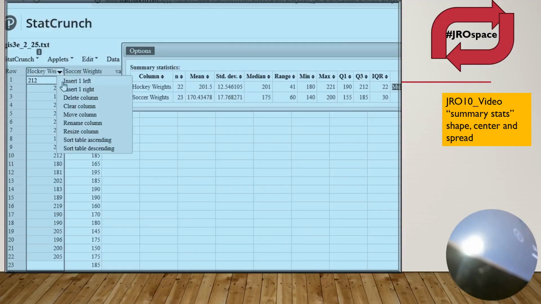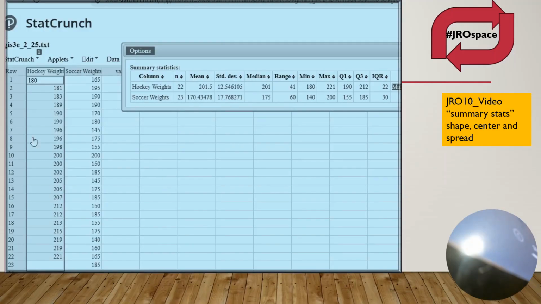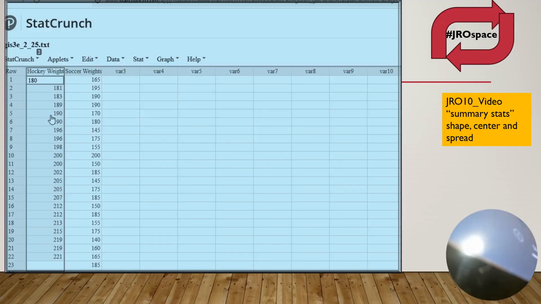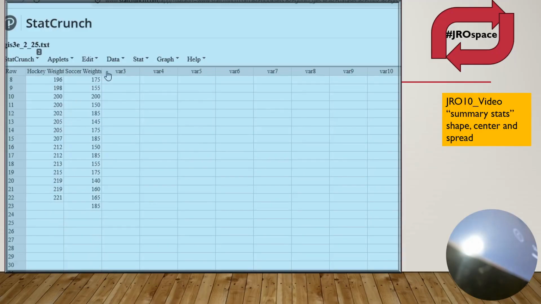So let's sort this table from least to greatest, and when we're doing that, let's go ahead and close this. We should be able to find there, 219 is a mode possibly, occurring twice, 190 occurring twice, 200 twice.